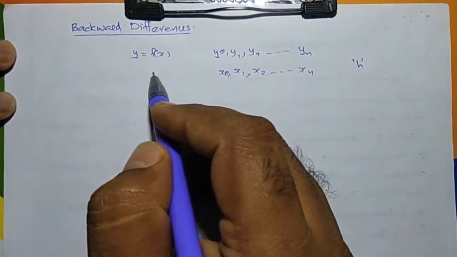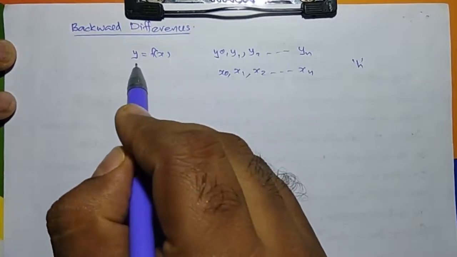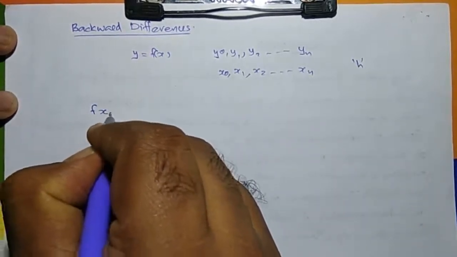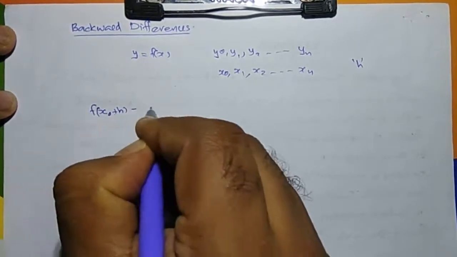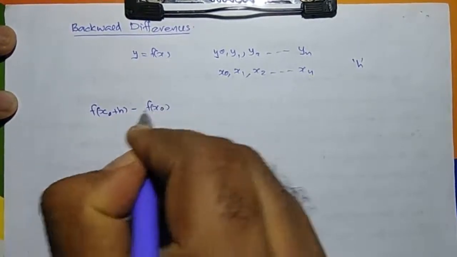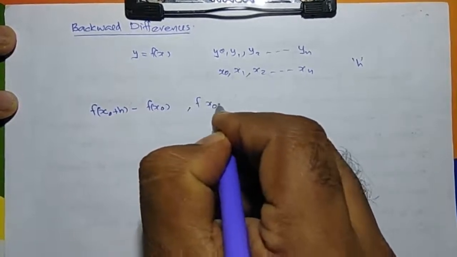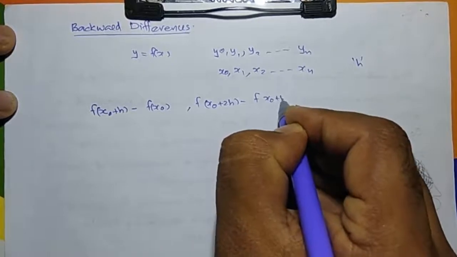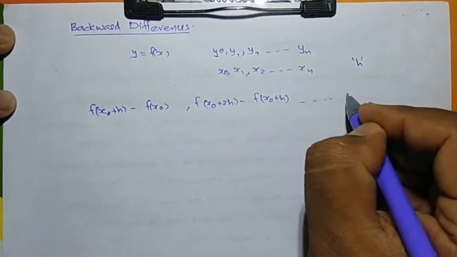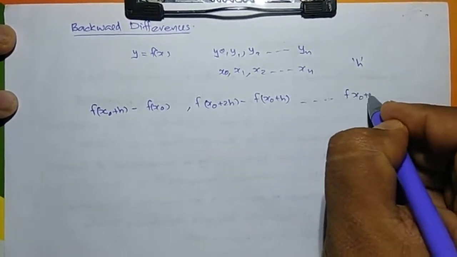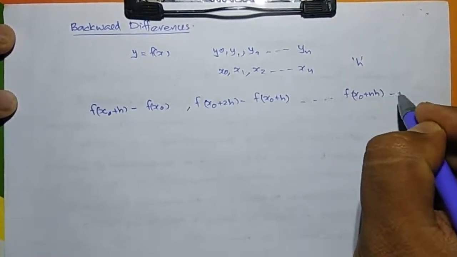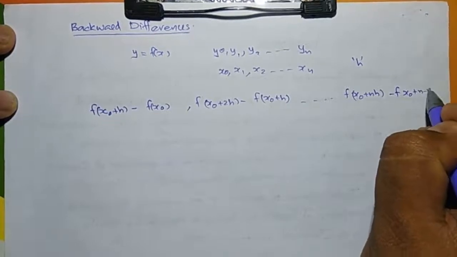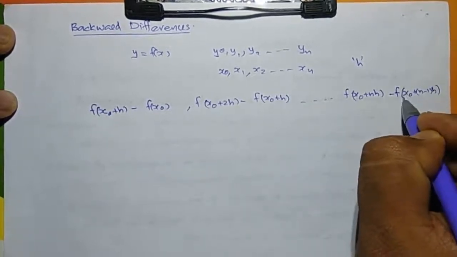Then the first backward differences of the function y equal to f of x are f of x0 plus h minus f of x0, f of x0 plus 2h minus f of x0 plus h, etc. f of x0 plus nh minus f of x0 plus n minus 1 h.